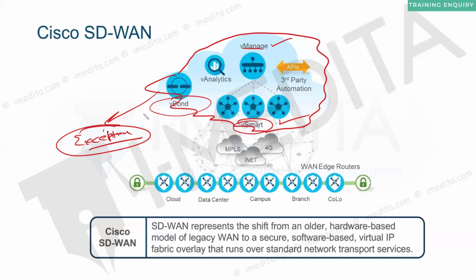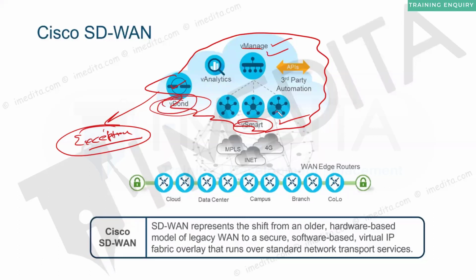And in fact, since vBond does not participate in the data plane, what is the use of having hardware to perform the functionality of the vBond, or I would call it the orchestrator? There is no use of having it as hardware, because you are just investing extra money, which is not really needed, right? So better you keep your vBond as a virtual device.